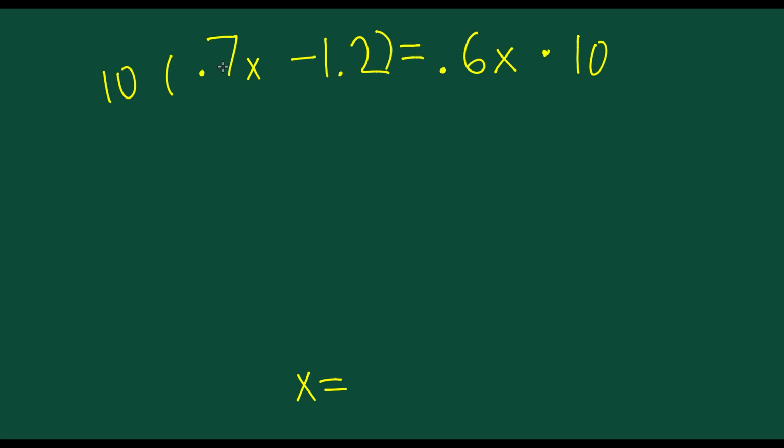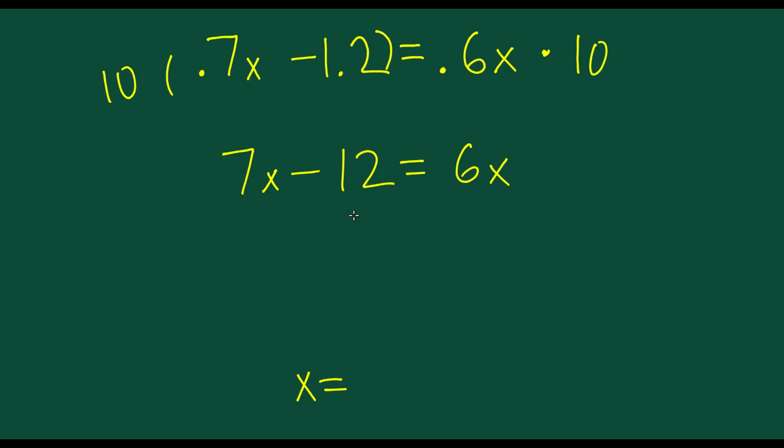Because 10 times 0.7 would be 7. So this equation is equivalent to 7x minus 12 equals 6x. And looking at this is really easy at this point. Let's move the 12 over here.